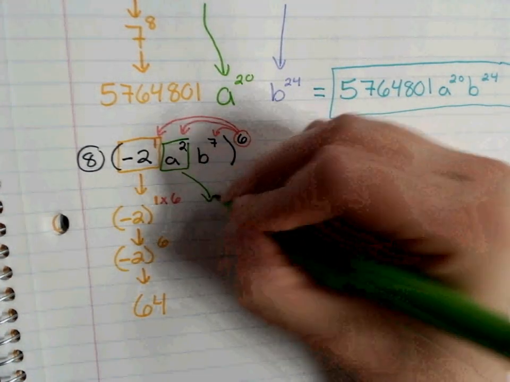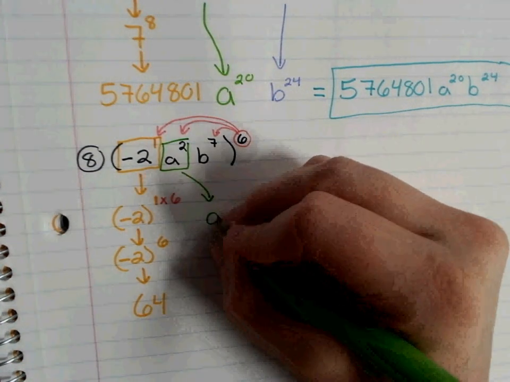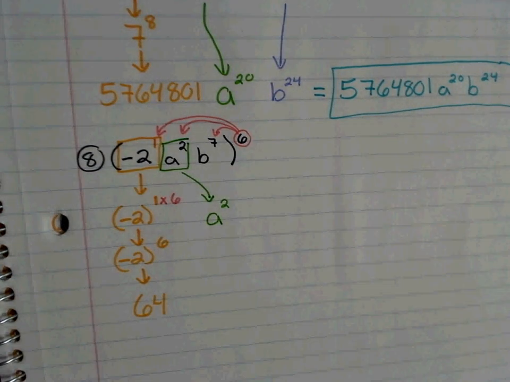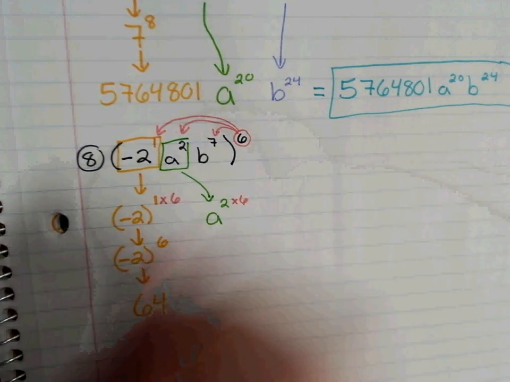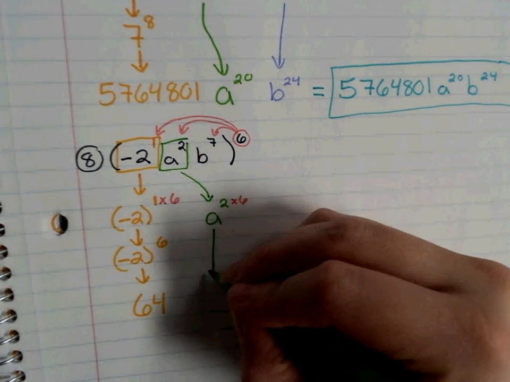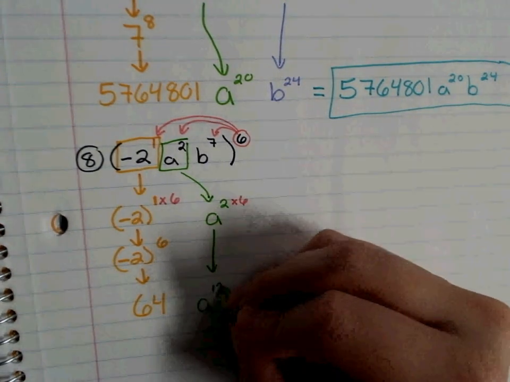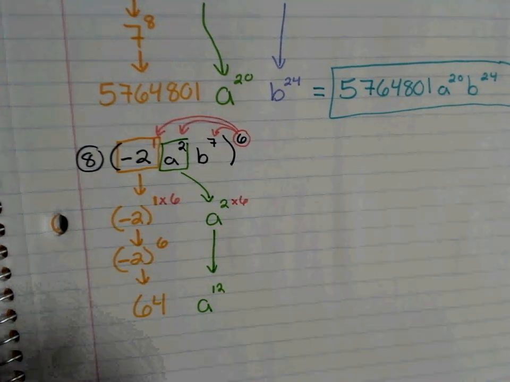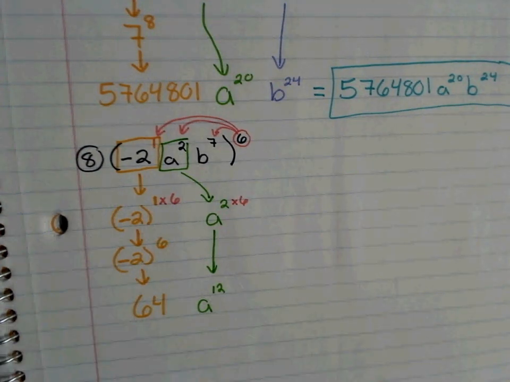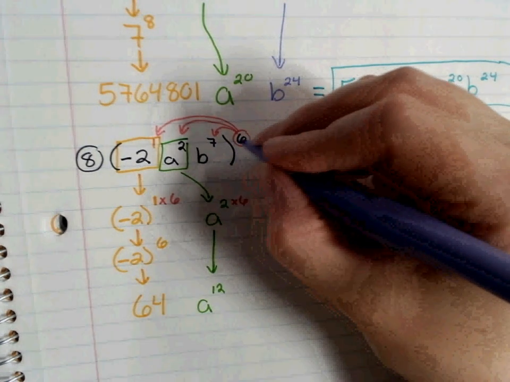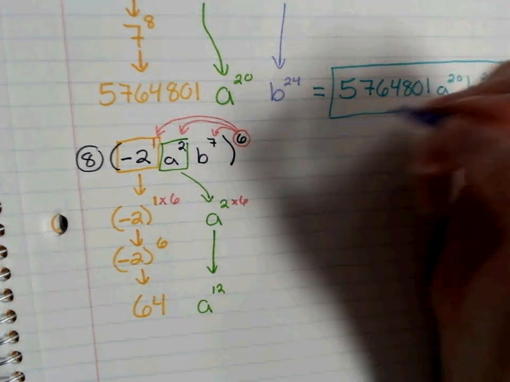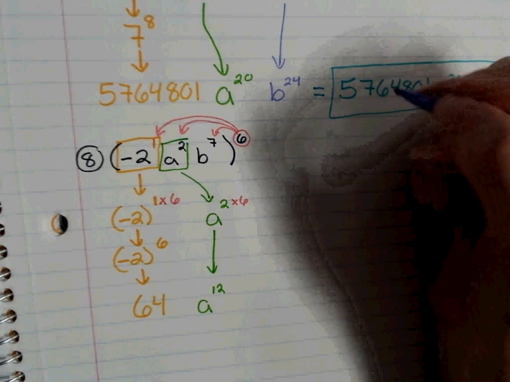All right, let's take a look at the a to the 2nd. Who can raise their hand and tell me what is a to the 2nd going to become? Colin? A to the 12th, good. Because we're going to take the 2 and multiply it by a 6, and that gives you a to the 12th power. What about b to the 7th? What will b to the 7th become, Kendall? B to the 42nd power.